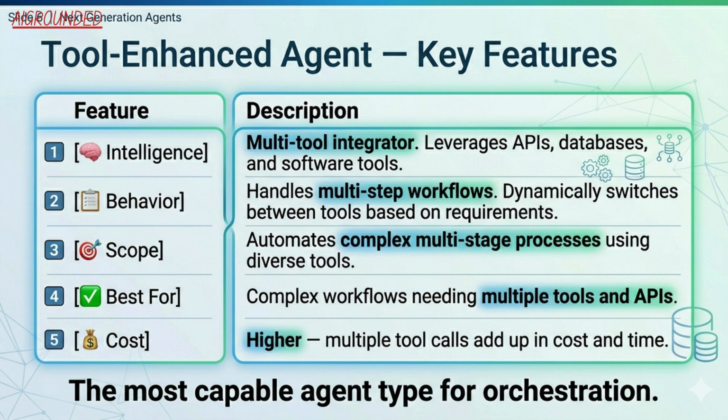There is no rigid sequence. The agent decides in real time what tool serves the current need best. Scope. They are built for complex multi-step processes that require integrating diverse capabilities. Best for any workflow that genuinely requires multiple tools and APIs working together in a coordinated way.